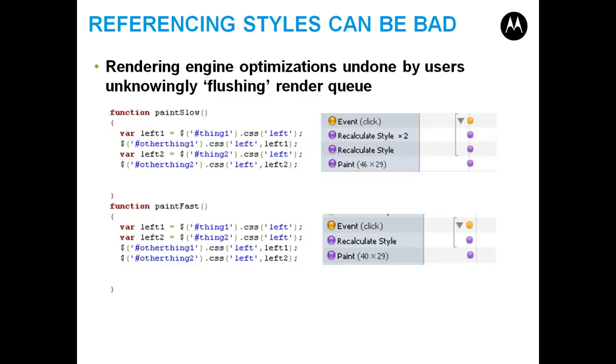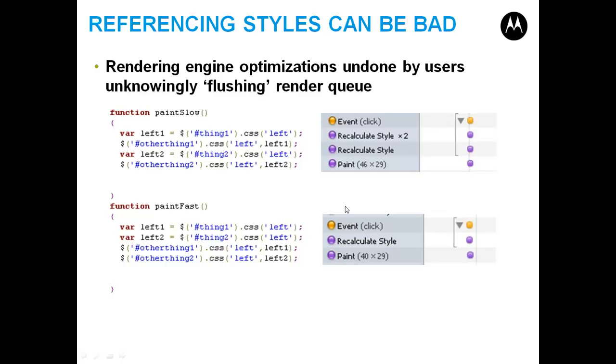So we're kind of aligning the components on the screen. In the first case, we're getting a value, setting one, then getting another value, and then setting another one. And this other way that we do it is we do our gets before the sets. So we're doing both of our gets here, and then we're setting them.